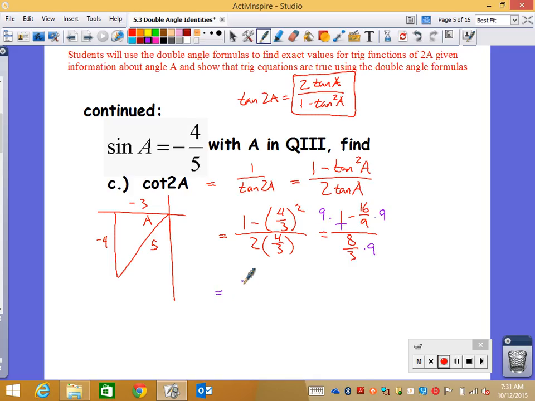So 9 times 1, I get 9, minus, well, my 9s cancel, so I get 16, divided by, well, 3 goes into 9 3 times, so 24. So I have 9 minus 16, or -7 over 24. So -7 24ths is my answer.